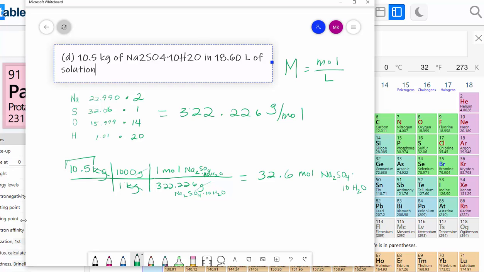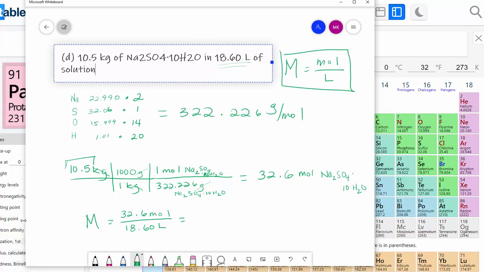But the point is we need to find molarity, so I also need liters, and I'm given those liters here. Capital M molarity is going to be equal to moles, so 32.6 moles, divided by 18.60 liters.